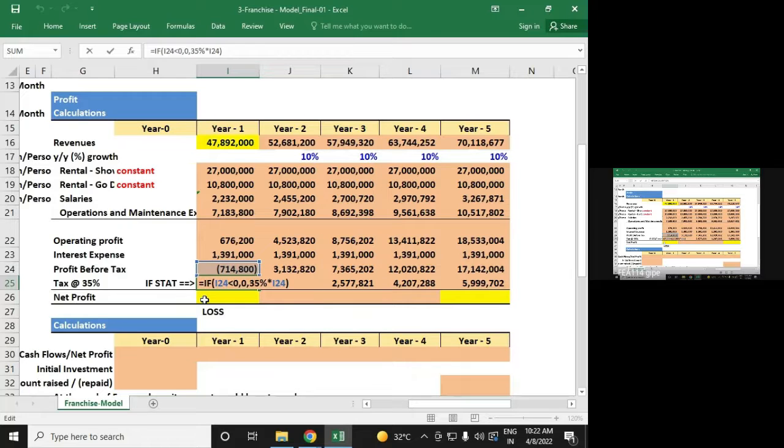Okay. If PBT is less than 0, then 0, else 35% of PBT. Net profit is PBT minus tax.